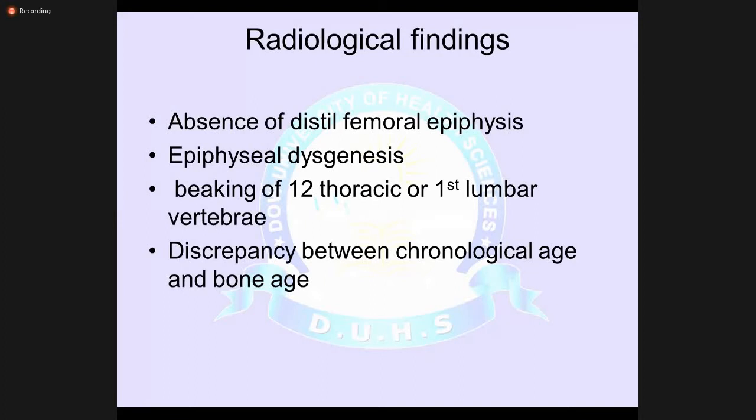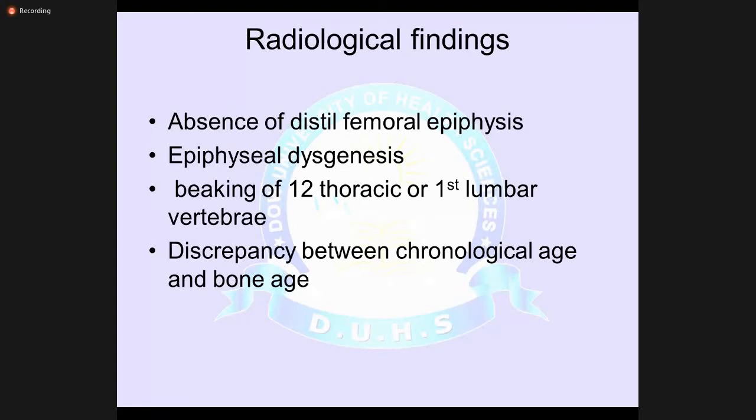But if the blood tests are not available because of the absence of laboratory in this area, and only X-ray facility is available, kindly do the X-ray of the knee joint of this newborn baby. I want to see whether there is absence of distal femoral epiphysis. If there is, that will indicate congenital hypothyroidism. So you can diagnose congenital hypothyroidism even with the X-ray alone.